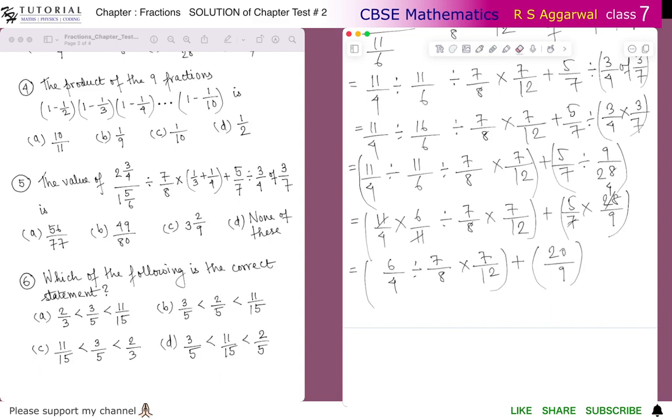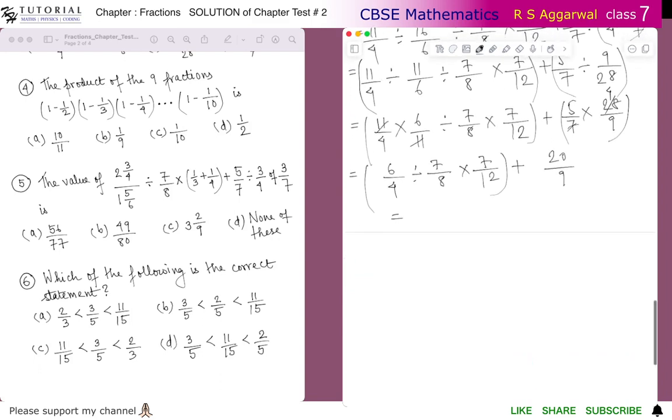We can omit the parenthesis, so this becomes this. Now we have to first do the division, so this becomes 6 by 4 multiplied by 8 by 7 multiplied by 7 by 12, and we have plus 20 by 9.